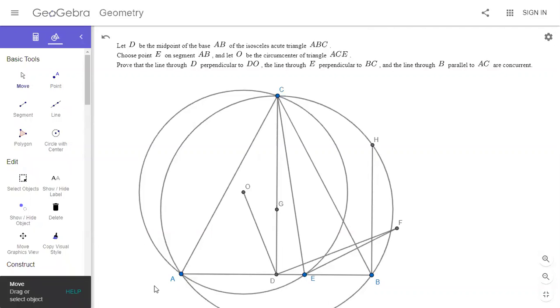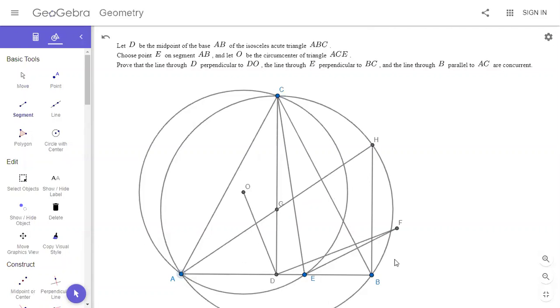So I'm just going to draw the perpendicular from B to AB. So AH is a diameter, and we want to show that BH bisects angle BCF. Not sure how much this does, but let's give it a shot.